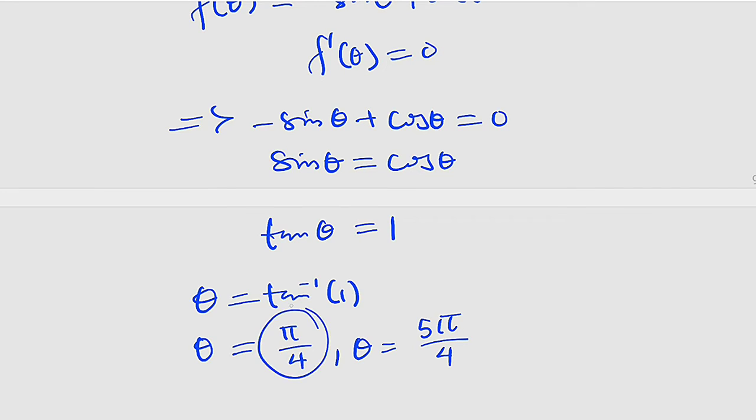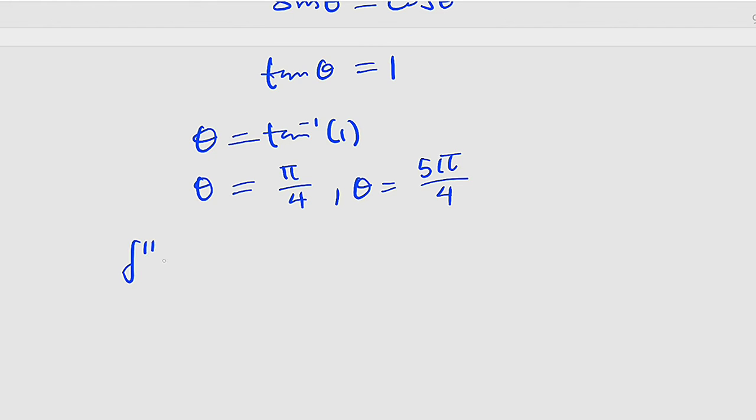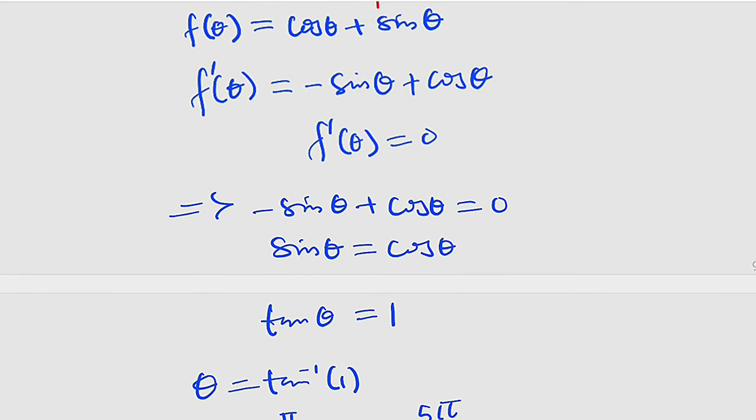So we are going to test these two critical points in the second derivative. If the second derivative is negative, it implies maximum. But if it is positive, it implies minimum. All right, so the second derivative. We're only going to differentiate the first derivative in order to get it.